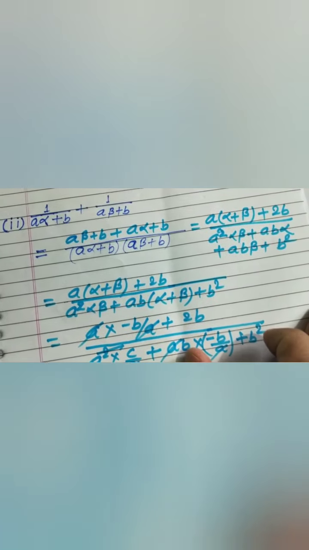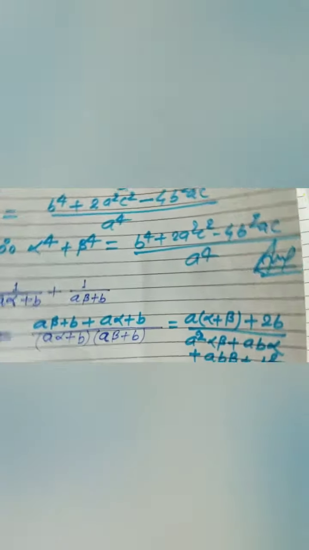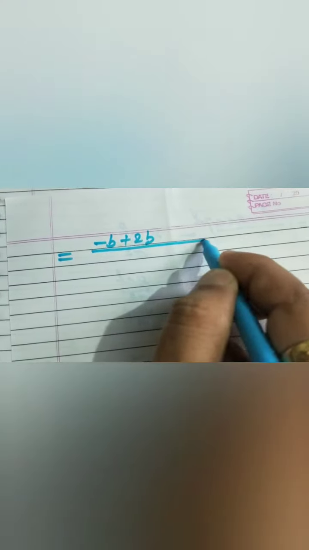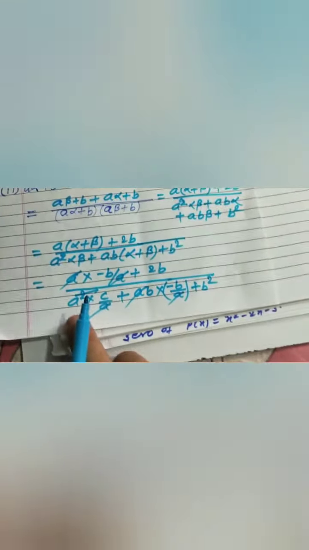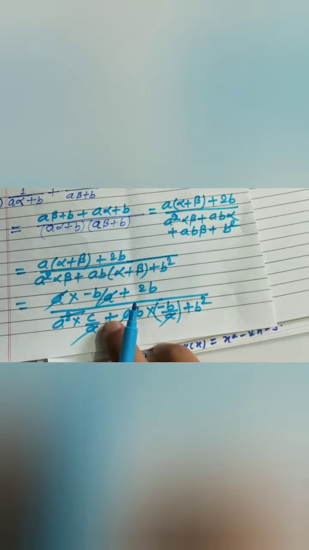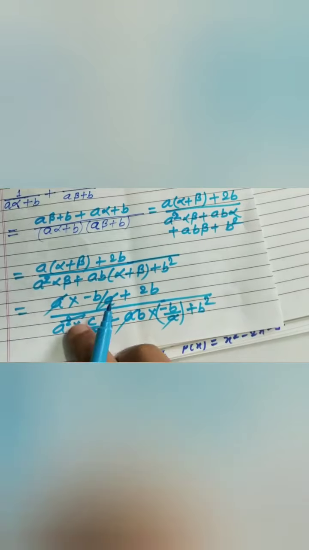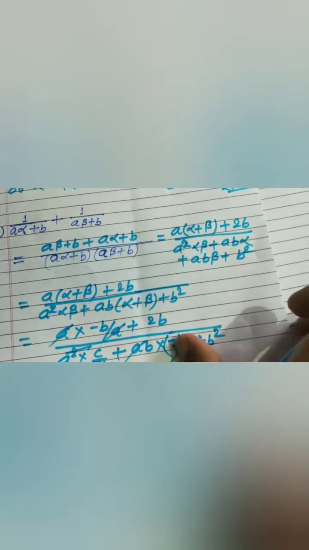So now we have in numerator minus B plus 2B, and in denominator see what we left here, A into C, that is AC, plus minus will be minus B into B, minus B square plus B square, that is AC minus B square plus B square.